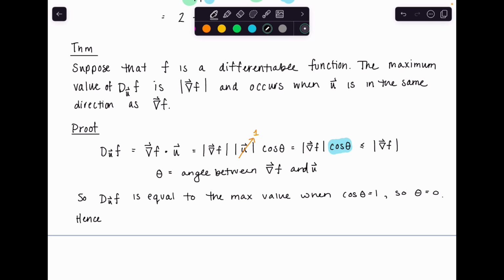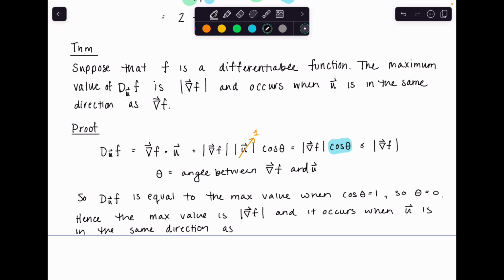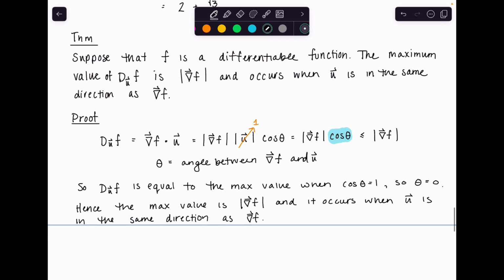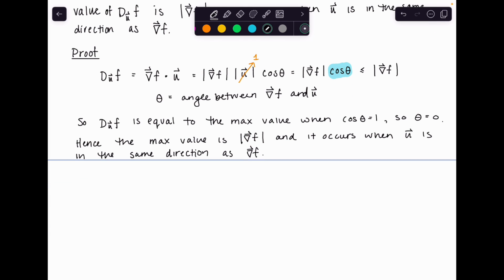So from this, the maximum value is indeed the magnitude of the gradient vector, and it occurs when u is in the same direction as the gradient vector. Okay? So you don't have to do a ton of work to find the maximum. It is just going to depend on the gradient vector.